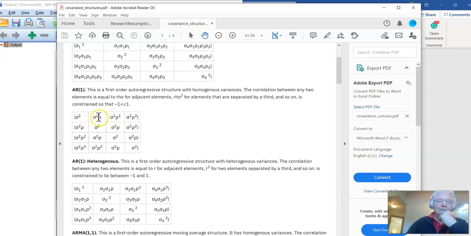Now, to get the variance, you multiply that correlation times that common variance. Here you square it, so 0.6 times 0.6 is 0.36, a little bit smaller correlation because it's squared.